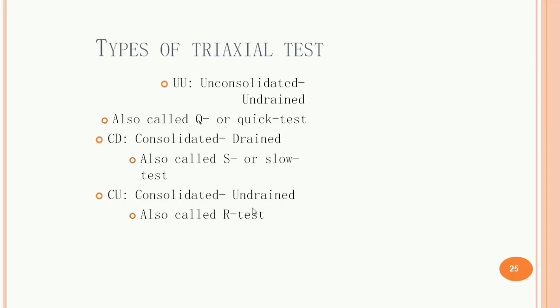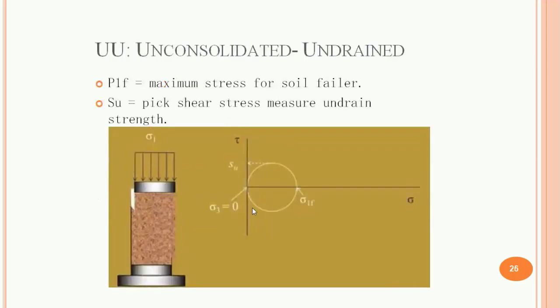After that, CU, consolidated undrained, is also denoted by R test. You have to remember the symbolic representations as well. First is the unconsolidated undrained, that is UU, and this part is used while we are designing it.